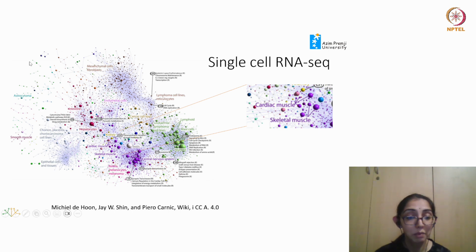This atlas indicates overlapping features, or overlapping RNAs, across different cell types. If you look at the zoomed in area, cardiac muscle cells and skeletal muscle cells are much closer together on this atlas because, unsurprisingly, they express similar RNAs, because they have similar functions. They're both muscle cell types.